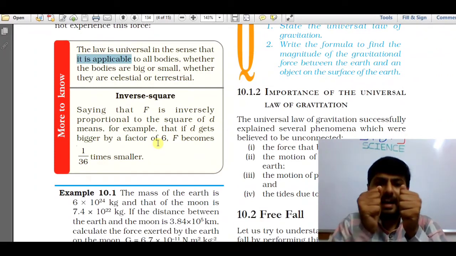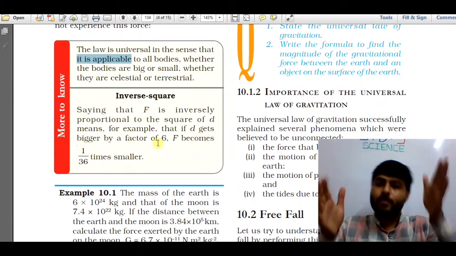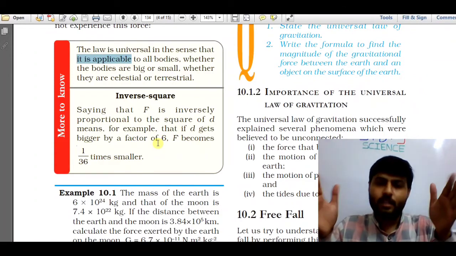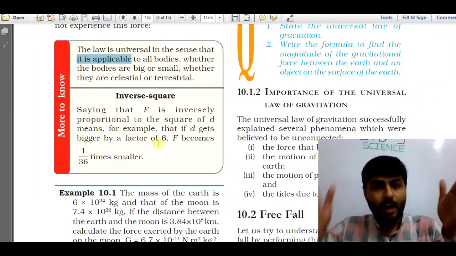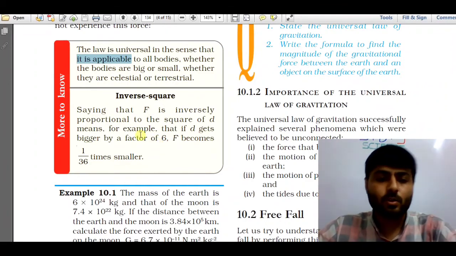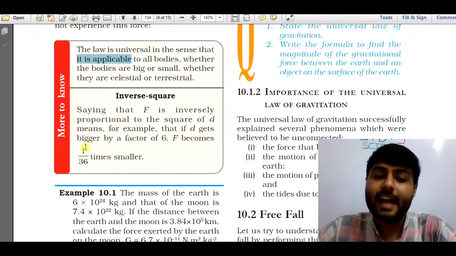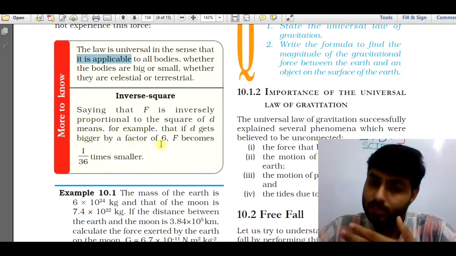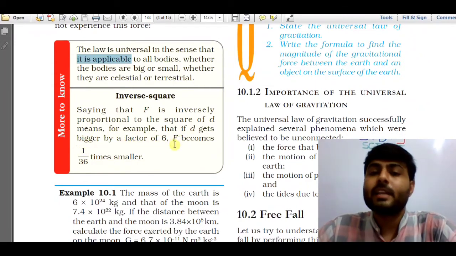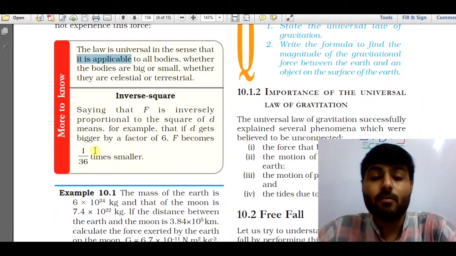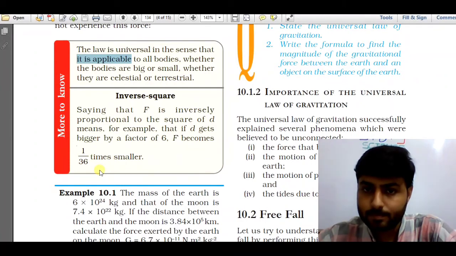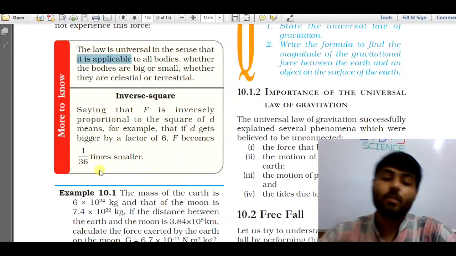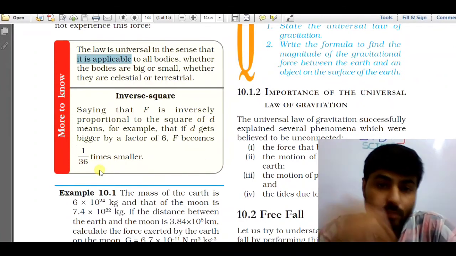Now you are 6 meters away from each other. Getting the point? From 1 meter, you are now 6 meters far from each other. So that means d gets bigger by a factor of 6. It means the force will be 1 by 36 times smaller. Force becomes 1 by 36 times smaller.